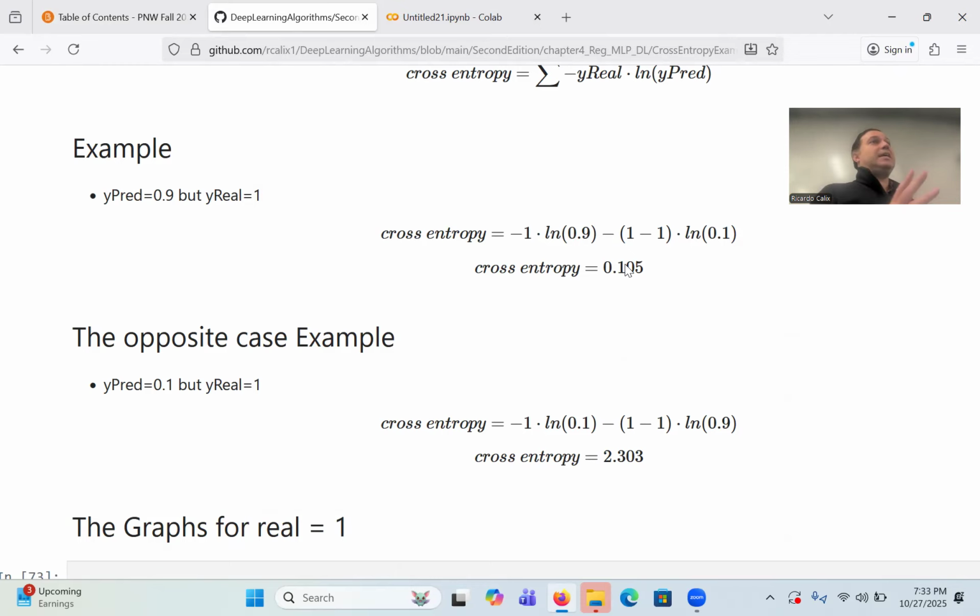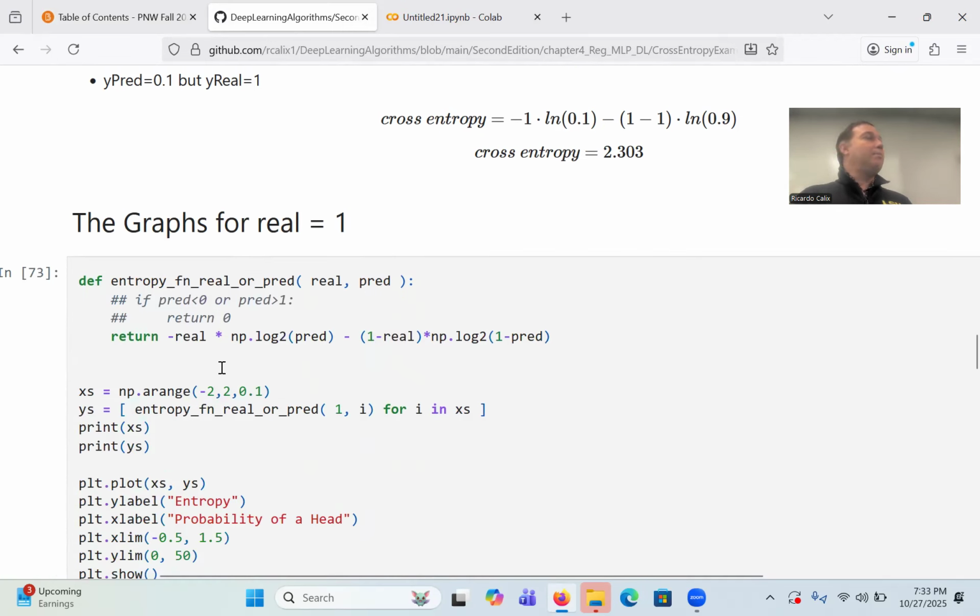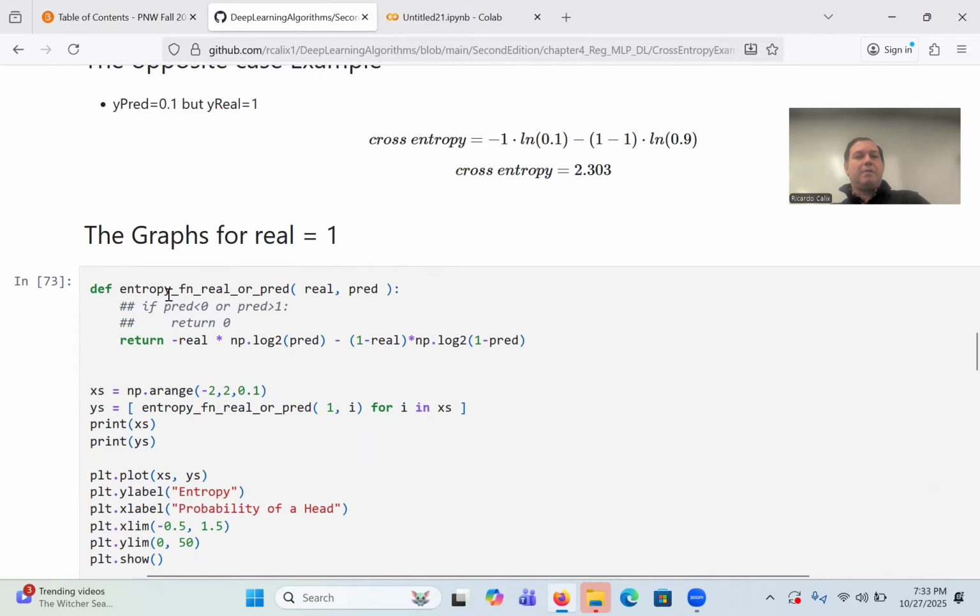Now let's just once again plot these things a little bit. All right. So if you remember, I have my equation. Now I'm going to change it a little bit, right? Notice that before this was probability and this was probability, but now I'm changing it. It's still the binary case.